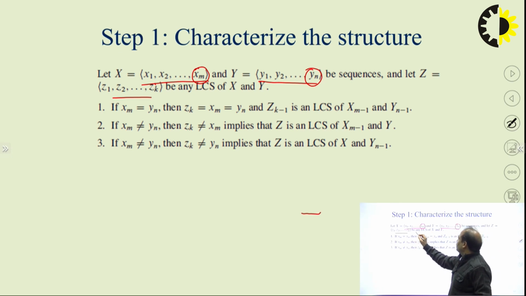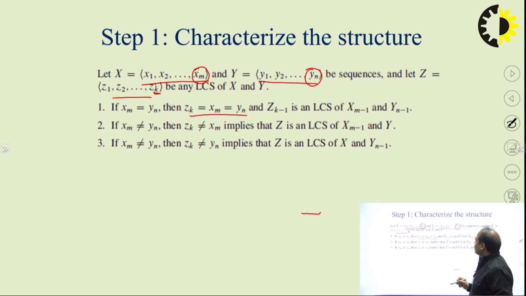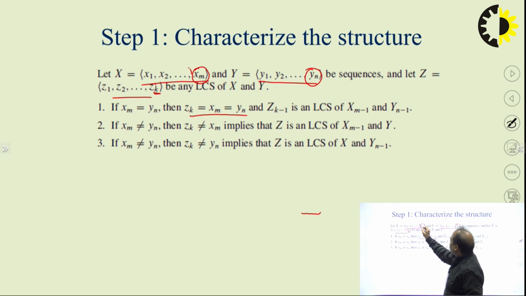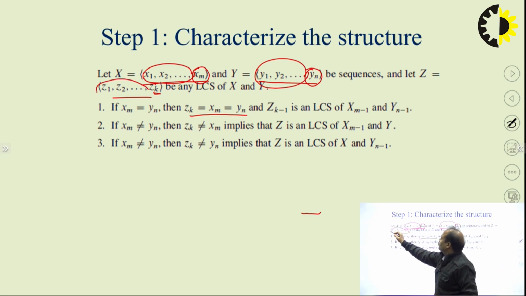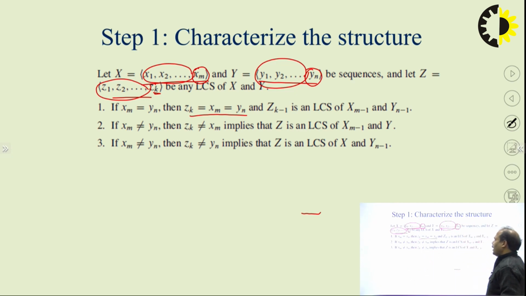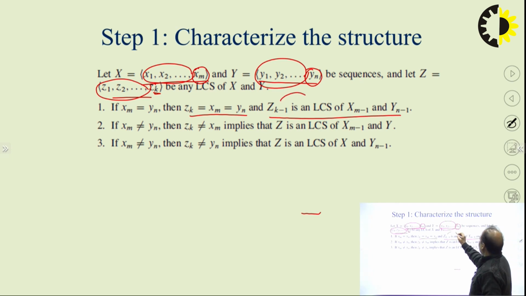Then if ZK is also equal to this, that means the remaining values x1 to xm-1 and y1 to yn-1 have LCS Zk-1. That is very simple. Zk-1 is the LCS of this and this, because both ends are matching, so we are not going to consider them further.